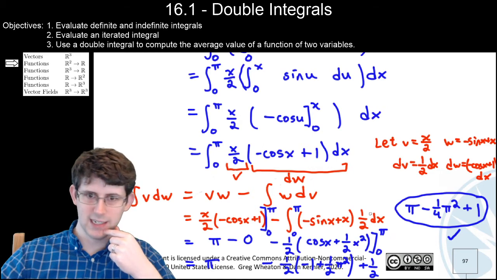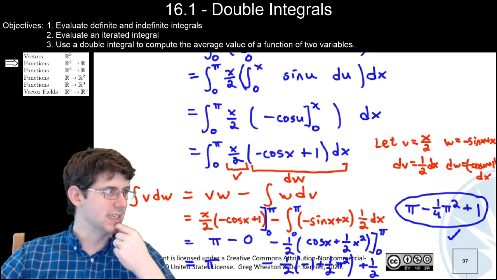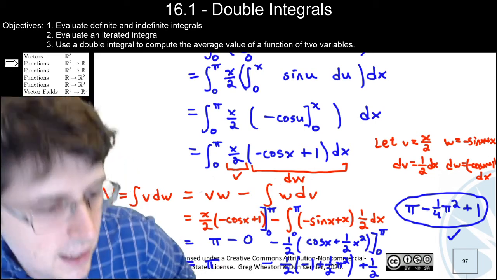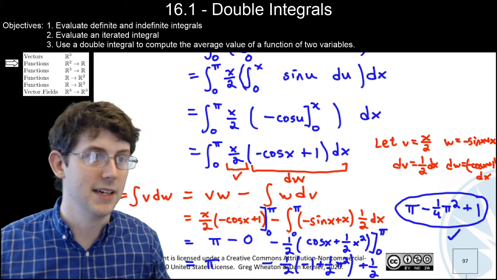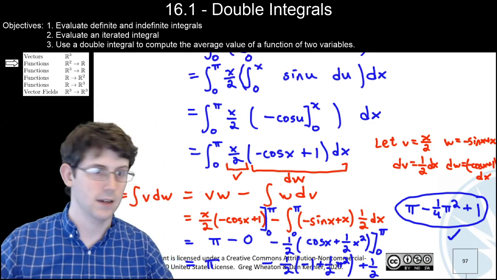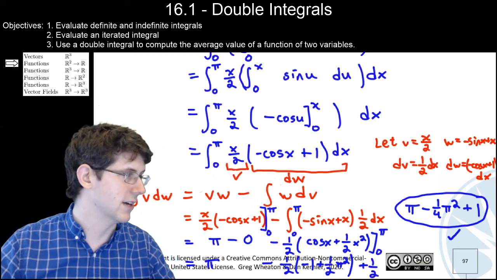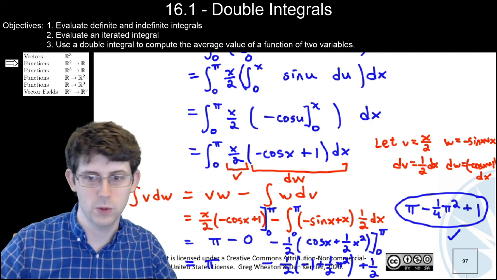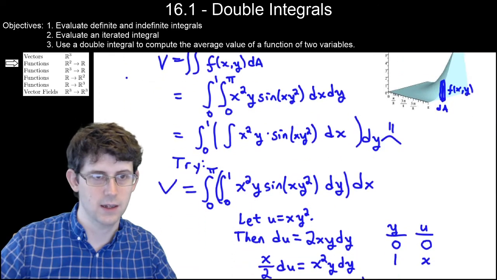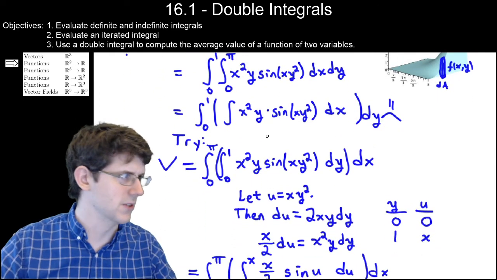I'm worried because this is not the answer I got when I did this the last time. So let's model good behavior here. When you have an answer and you've done a million algebra steps to get to it, you should also ask a computer to see if you did the integral correctly. So what are we integrating? I'm not sure Wolfram Alpha knows how to do this integral, but we'll try.